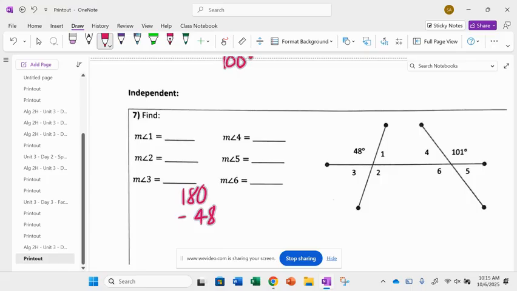All right, Sebastian, pick anybody you want that hasn't gone up already. Jay, right? Yeah, Jay. Fair game. Jay, you're up. Find angle 5. So, Jay, what's the measure of angle 5 and why?